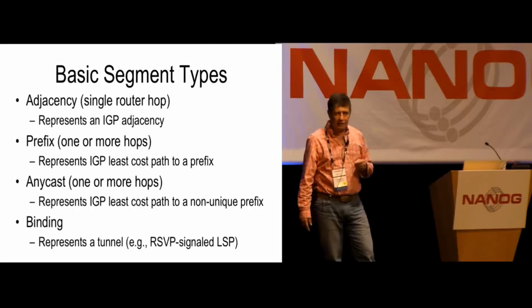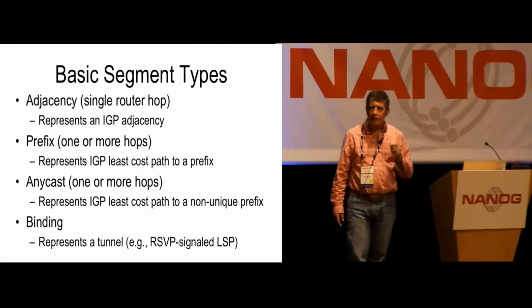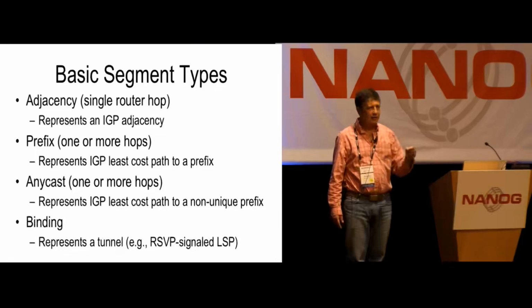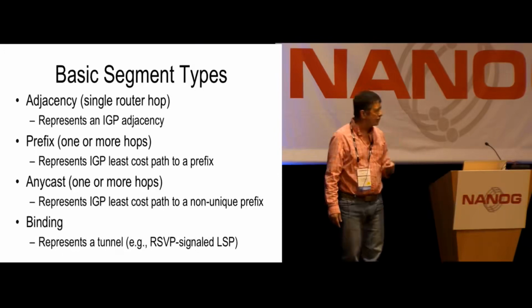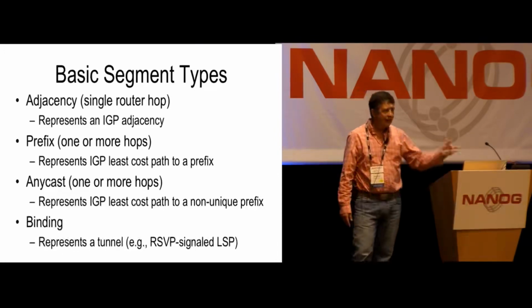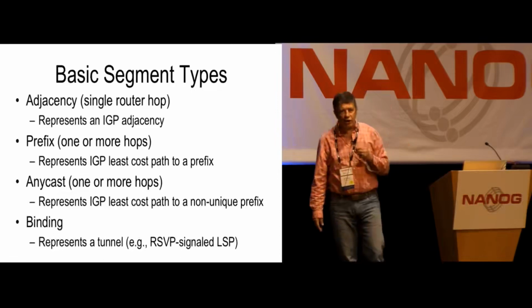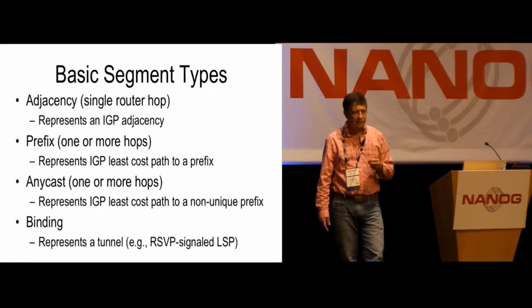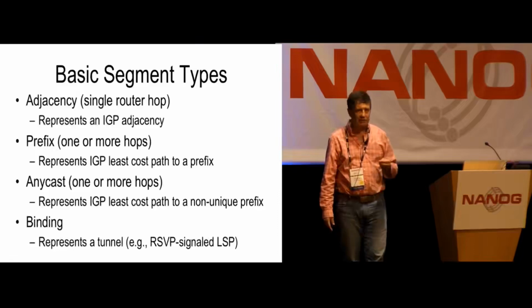A prefix segment represents the IGP least cost path to a prefix. Now that least cost path may traverse many nodes, it may traverse one node, but it's the IGP least cost path to a prefix. Anycast is very much like a prefix segment. The only difference is that prefix is advertised from many points in the network.